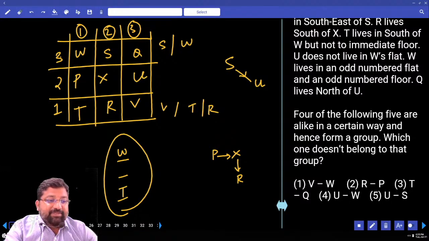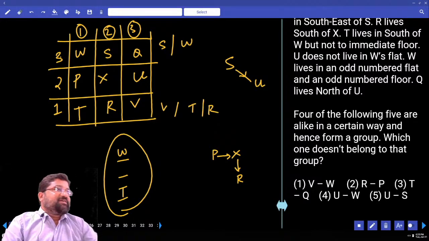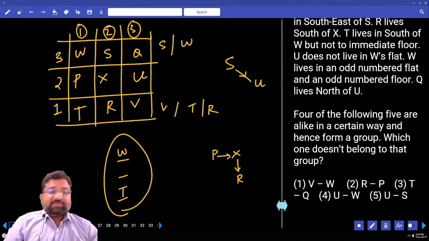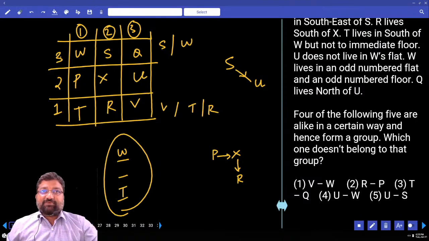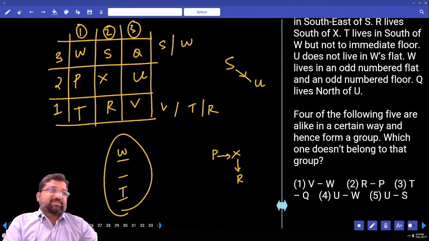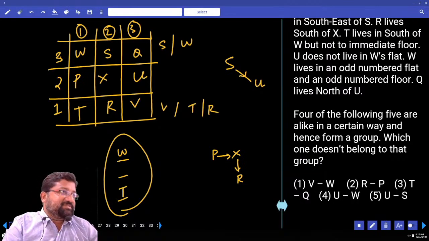R and P. They are staying on adjacent floors. T and Q, one floor. U and W, adjacent floors. So two options cannot be the answer. It is very clear. First option one floor, third option one floor. Second option, fourth option, adjacent floors. You can't have two different things at the same time.